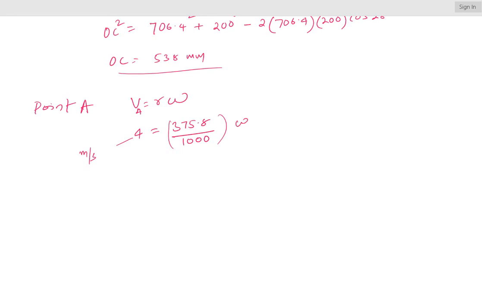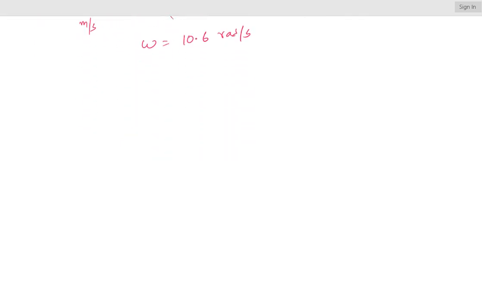And omega is what we need to find, so we get omega equal to 10.6 radians per second.